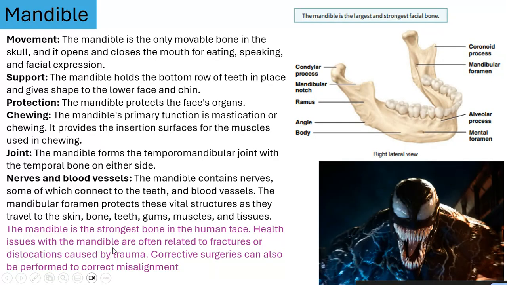Health issues with the mandible are often related to fractures or dislocations caused by trauma. Corrective surgeries can also be performed to correct the misalignment, right? So it can be a punch, like a boxer's punch, or it can be a misalignment.